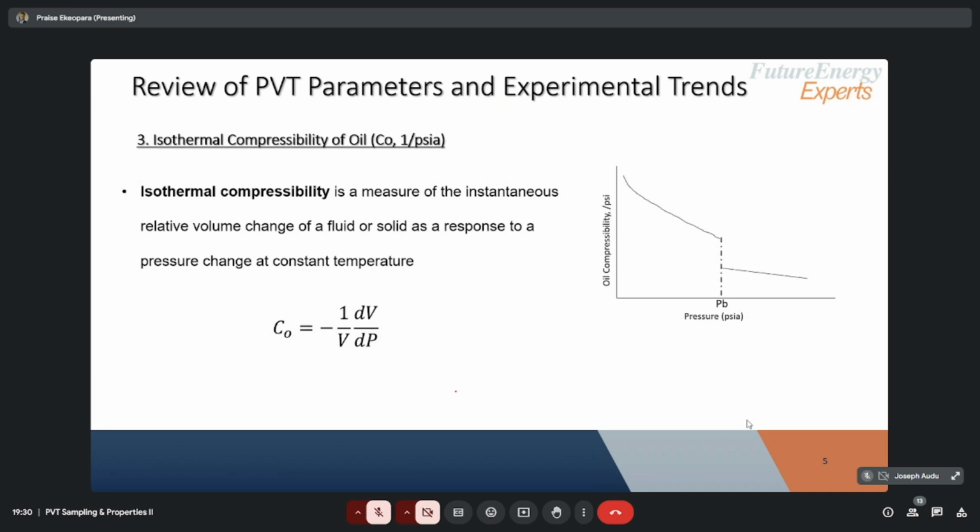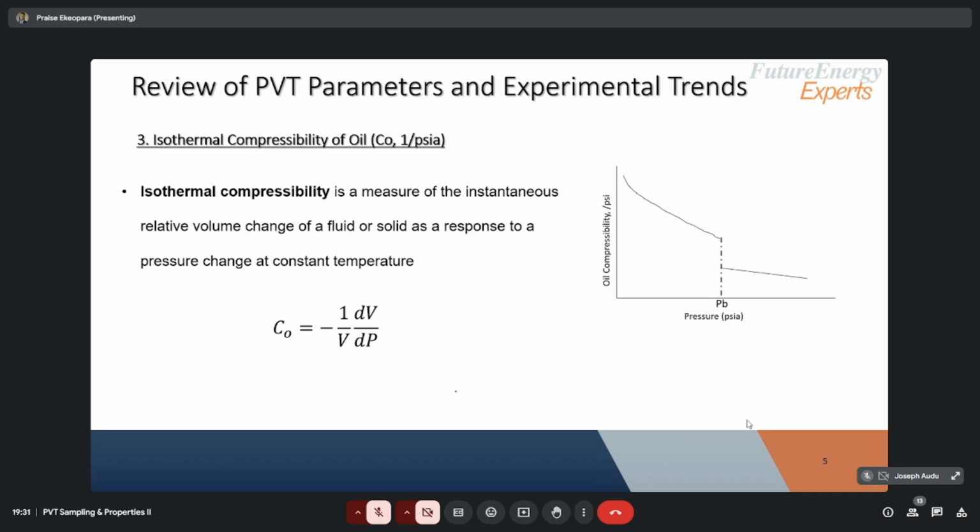So another one that is very important is isothermal compressibility of oil. This is a key parameter used in material balance calculations and in other calculations that involve pressure changes and volume changes of our crude oil samples. Beyond oil and gas, even in general thermodynamics, you still see this playing a part in one way or the other.